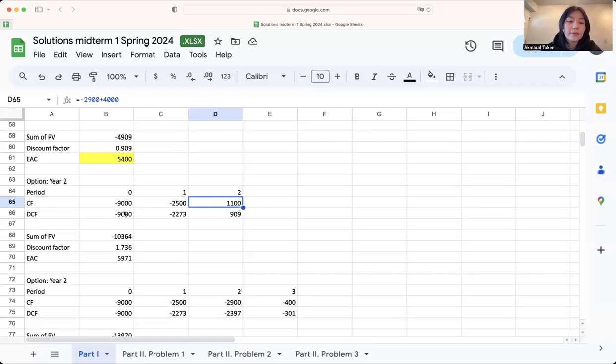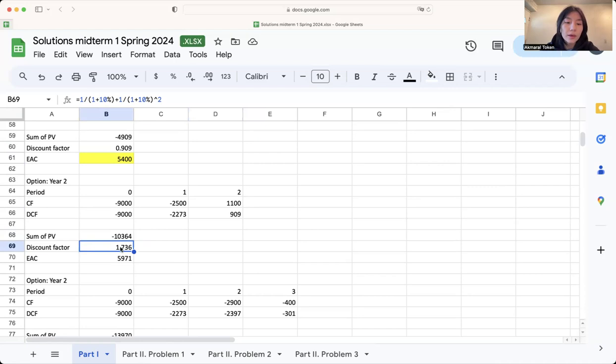And the same as the preceding option, you just find the discounted cash flow by discounting first year cash flow by 1.1 and discounting second year cash flow by 1.1 to the power of 2. So the sum of these three figures gives us minus $10,000, and the discount factor is the sum of 1 divided by 1.1 plus 1 divided by 1.1 to the power of 2.